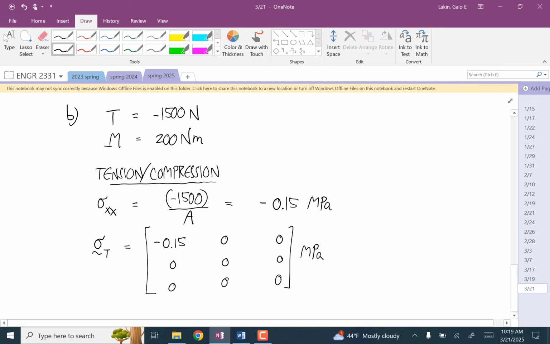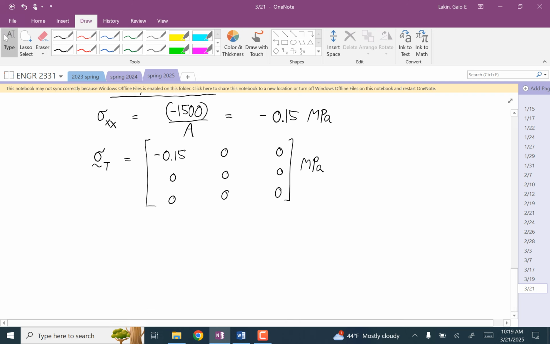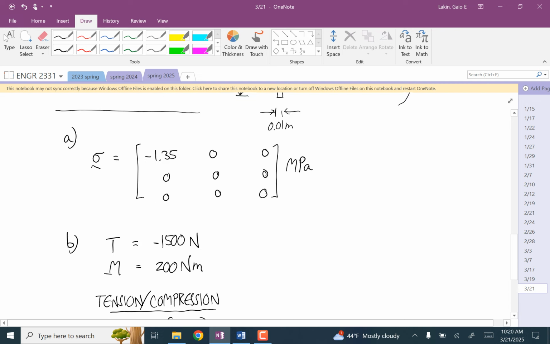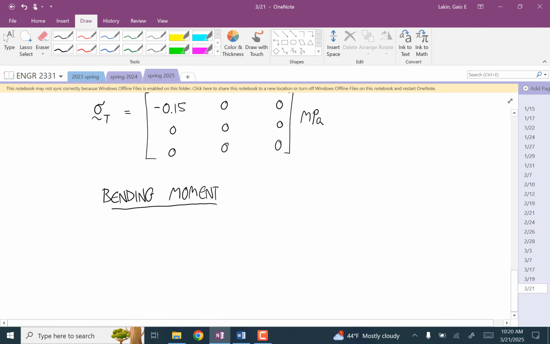But now we want to see about the stress due to the bending moment. And here's where we're going to get something different. Okay, so for this cross section, we already calculated the location of the centroid, and we already calculated the area moment of inertia. So first, let's think about the centroid.